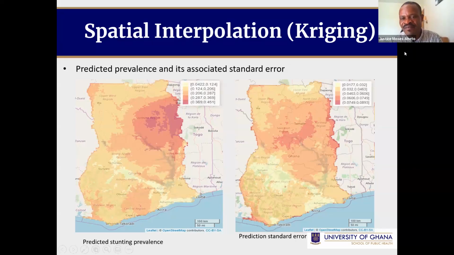The minimum we have here is about 0.01 or 0.02, and the maximum is about 0.09 in terms of standard error. Very relatively small standard errors. So this is telling you that the uncertainty around the estimate is very small, meaning high reliability, or maybe the precision is relatively high. If you look at the standard error relative to the predictions, this is good to go. So meaning that we have a reliable estimate that we can rely on for our decision making.